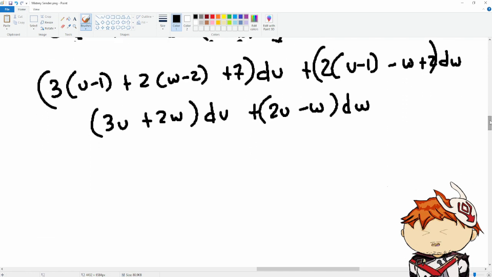Okay, we have a homogeneous equation. Is this separable? No, it's not separable. Oh, it seems to be exact. This is homogeneous.